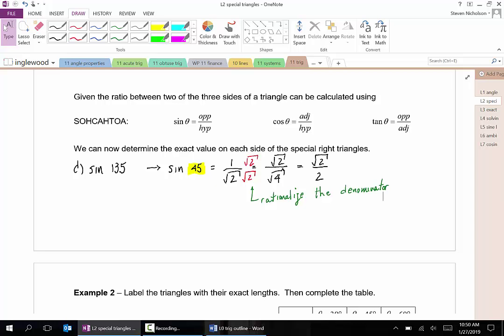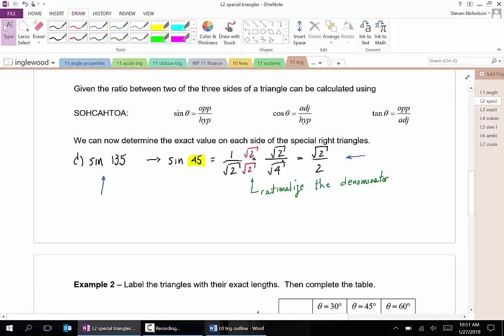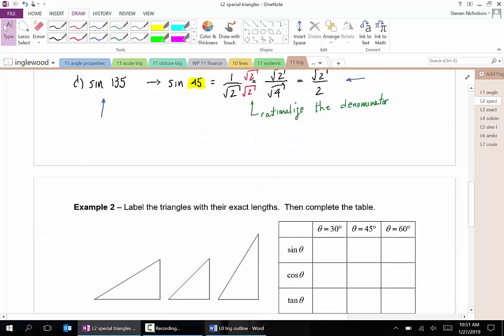But if you got out your calculator right now, I don't have mine ready to go, but if you punched in the sine of 135, enter, you're going to get a decimal. And if you punch that in, you're going to find out the answer to the sine of 135 is equal to the square root of 2 over 2, which is around 0.71.